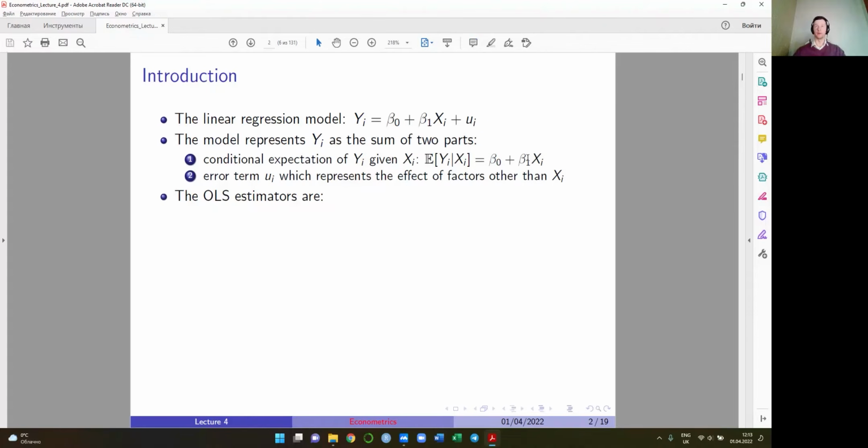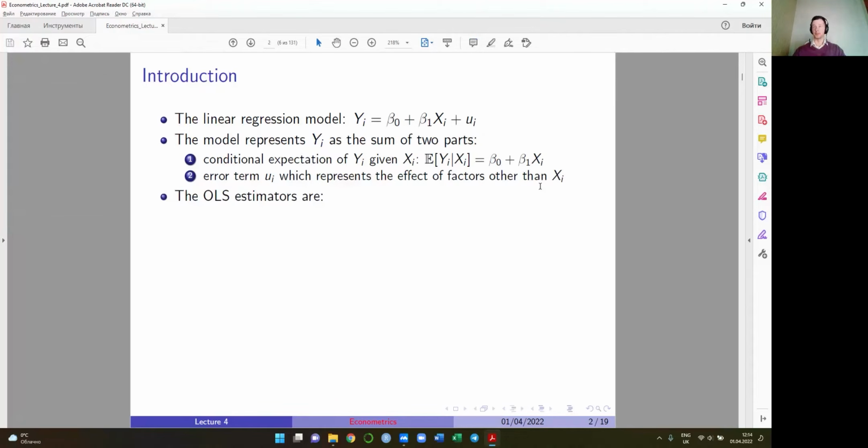And given some practical application, we don't know these two parameters, beta 0 and beta 1. So we need to estimate them with the help of data. Doing this, we are basically doing the same steps as in statistics. So all the ideas about estimation are applied here.